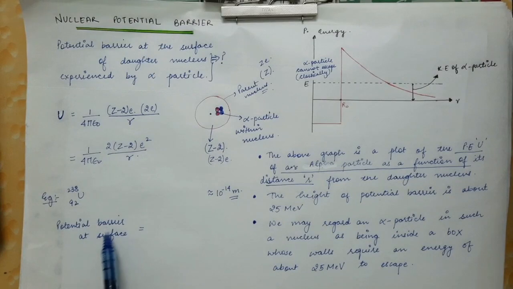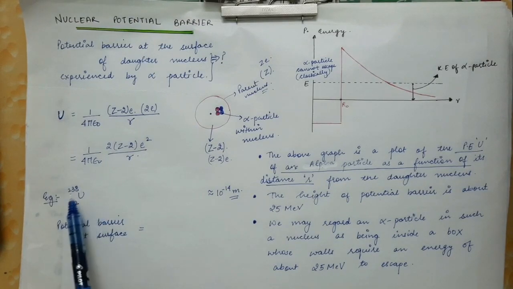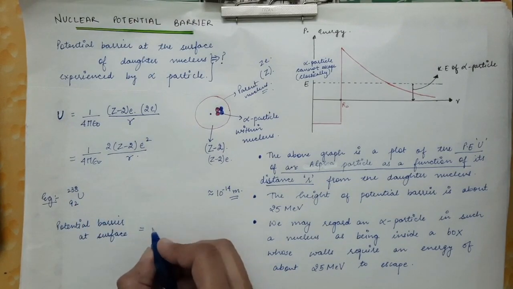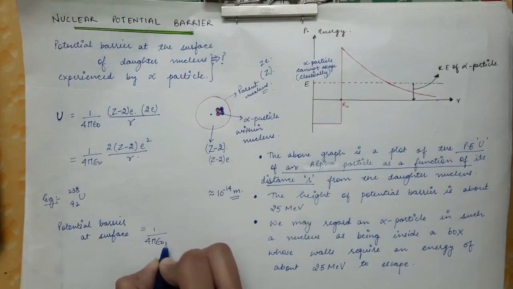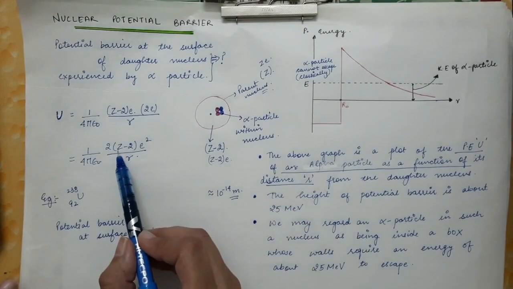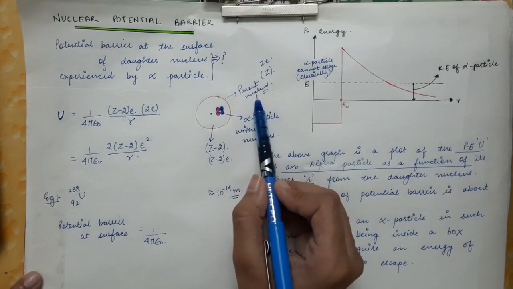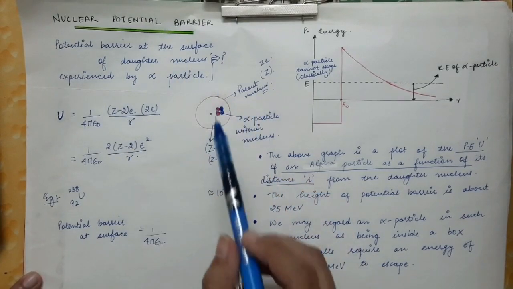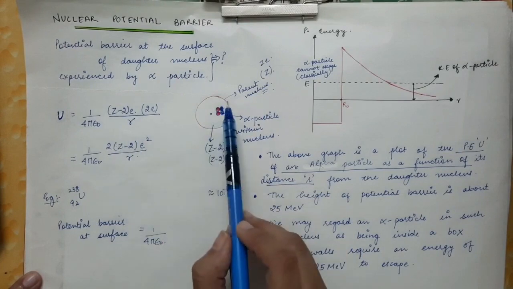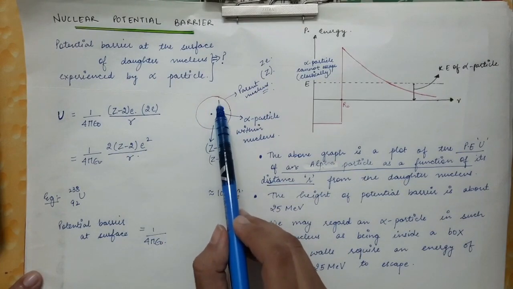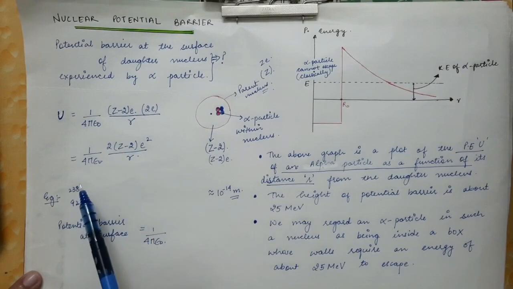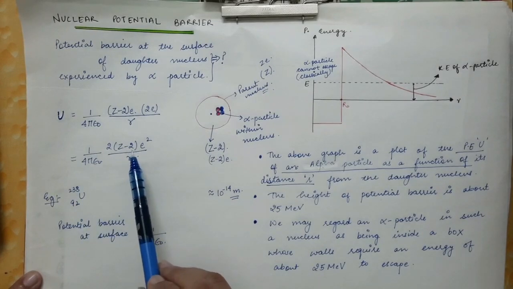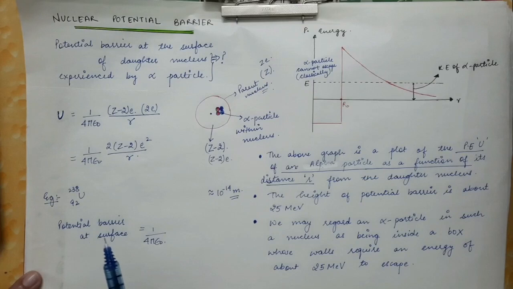So the potential barrier at the surface of this uranium-238 will be given by 1 by 4 pi epsilon naught. Keep in mind Z is the proton number of the parent nucleus. In this article, we are considering Z as the proton number of the parent nucleus. So Z minus 2 will be the proton number in the daughter nucleus.